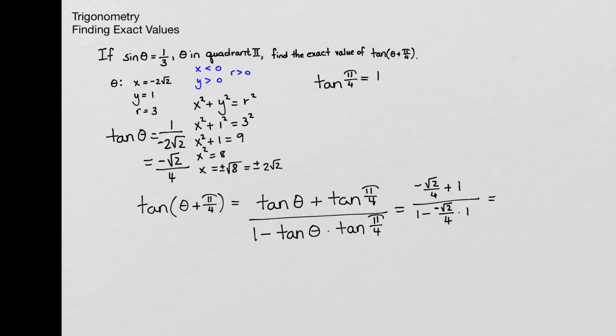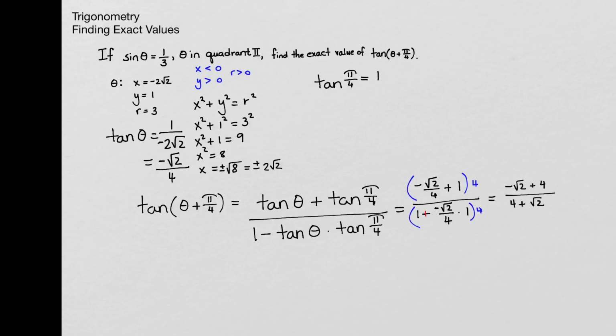I'll multiply the numerator and denominator by 4, and that way I don't have many fractions within my problem. And this gives me negative square root of 2 plus 4 over 4 plus the square root of 2.